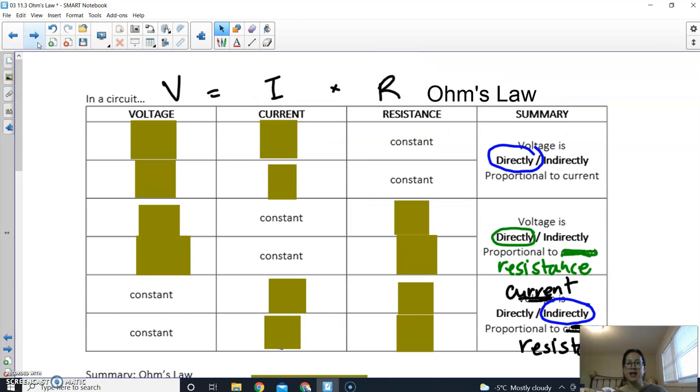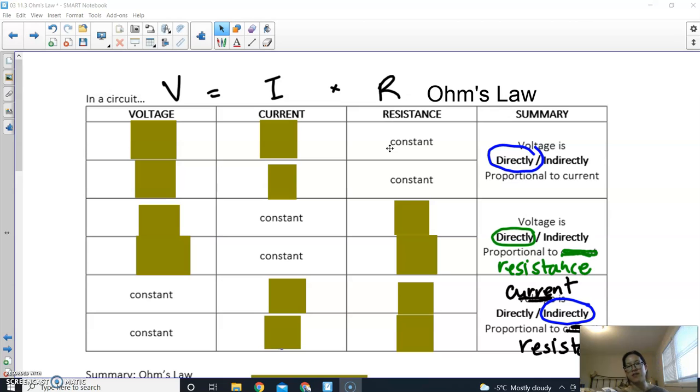Over here, let's summarize. V is equal to I times R. This is the formula for Ohm's law. V is voltage, which is equal to I, which is current, times the resistance. What we're going to do here is examine what happens when we keep certain things constant, and if we increase one, what happens to the other item.